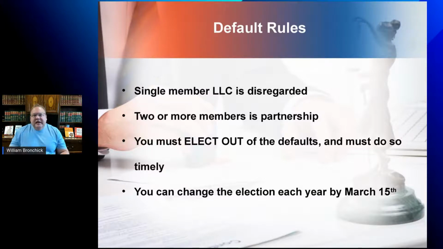Okay, so if you go on the IRS website and say we have one owner or one member, and that's a human being, an individual, that LLC is disregarded by default. Now, you can overcome that by filing a form with the IRS to say, no, I don't want to be disregarded. You have 75 days to do it, to say, I want to be an S Corp.